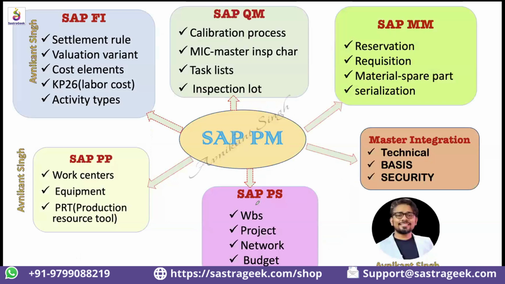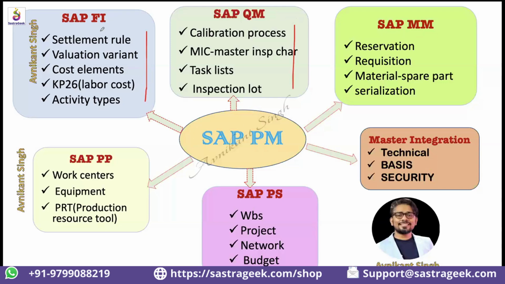Now, as we were discussing more about the integrations, here comes a clear picture of what the objects are. SAP runs on different objects. We have equipment, which is a technical object. We have a functional location, which we call master data, but it is an object. Similarly, these terminologies will come into play when you get into more details of SAP PM, how it is linked to different modules.